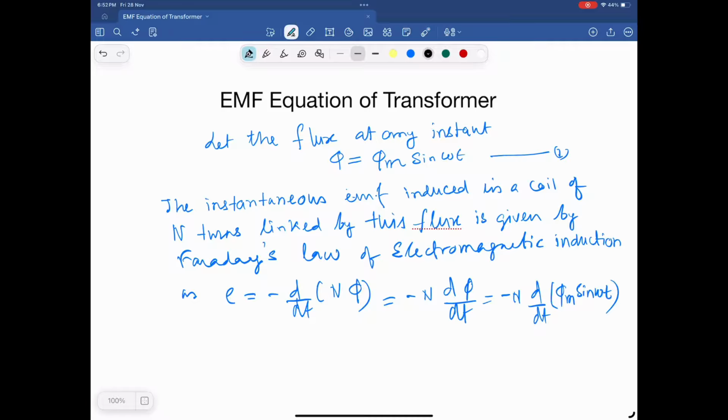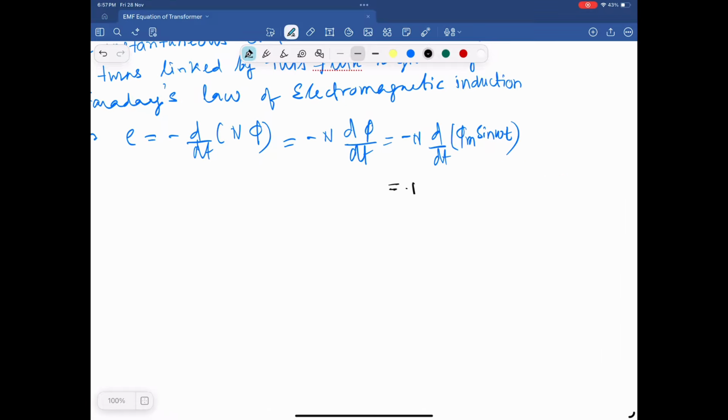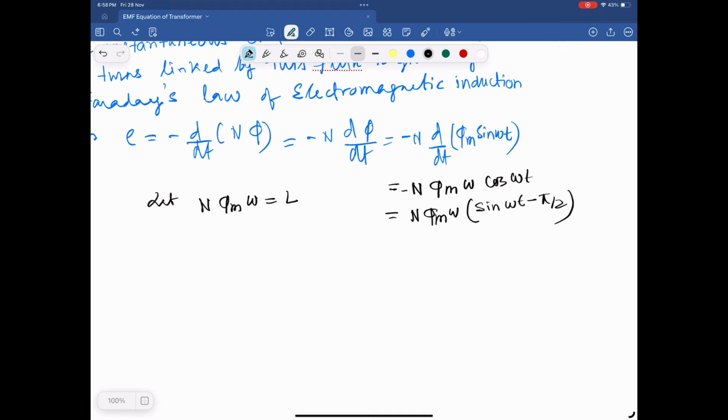We get minus N phi m omega cos omega t. Since there is a minus cos omega t, I will convert it to the equivalent sine, so it will be N phi m omega sin of omega t minus pi by 2. Now let N phi m omega equal Em, where Em is the maximum value of the induced EMF. So the equation is Em sin of omega t minus pi by 2.